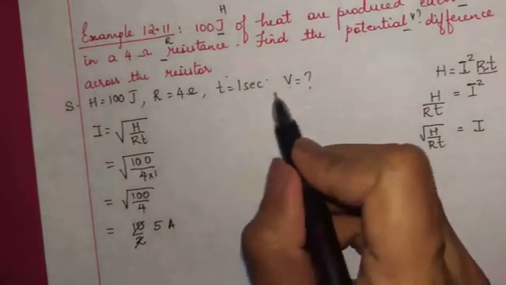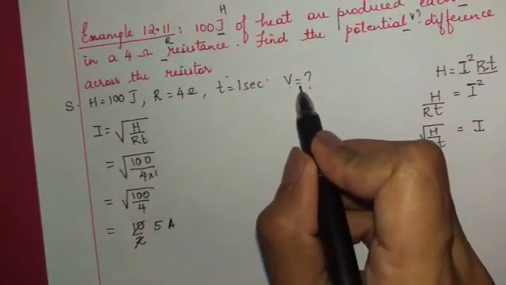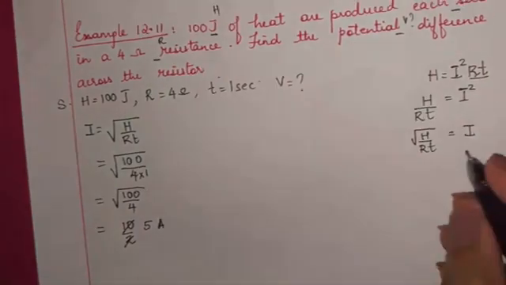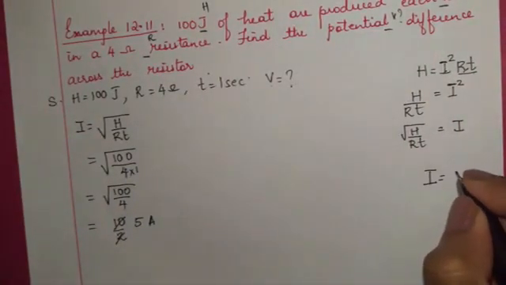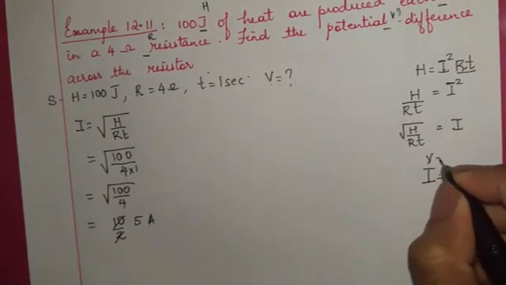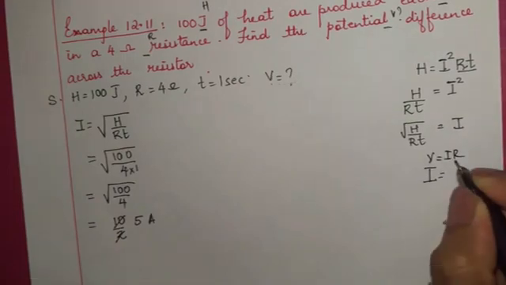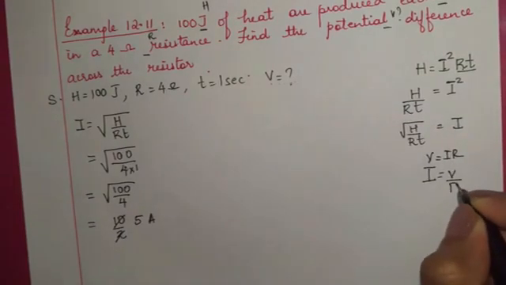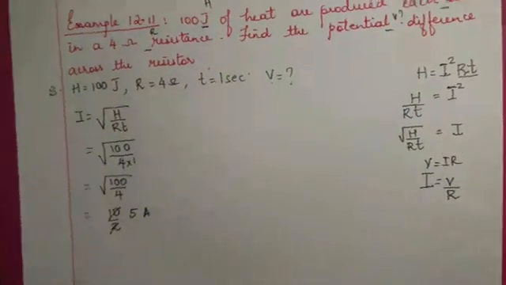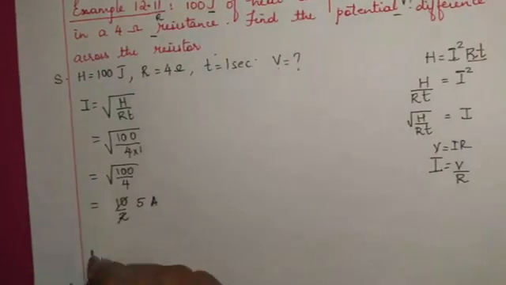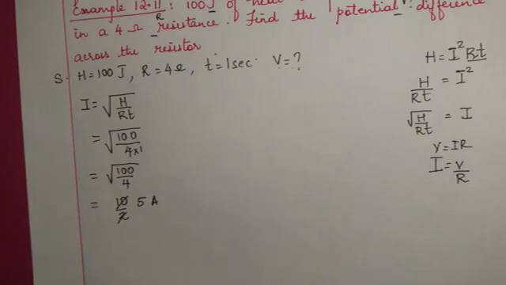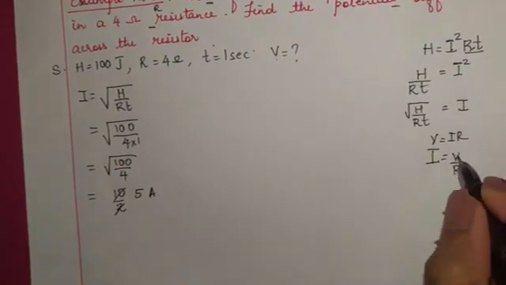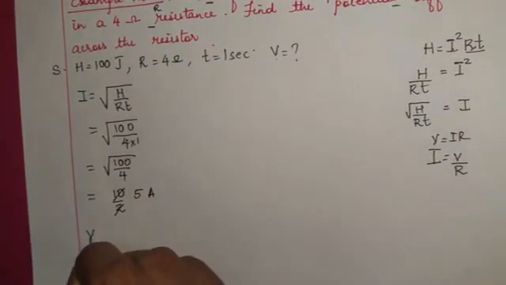Now we know I, we know R, and V we have to find out. V is equal to IR. This is Ohm's law. So I is equal to V upon R. Now let us use Ohm's law.